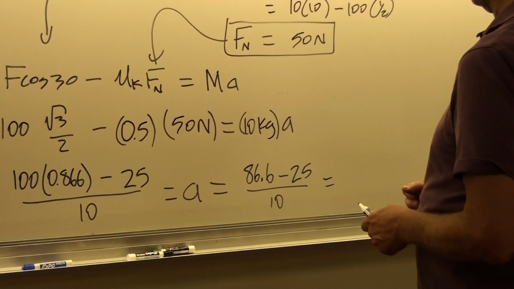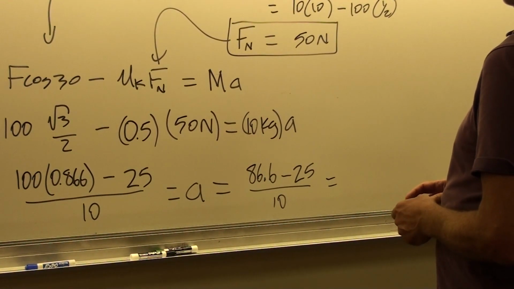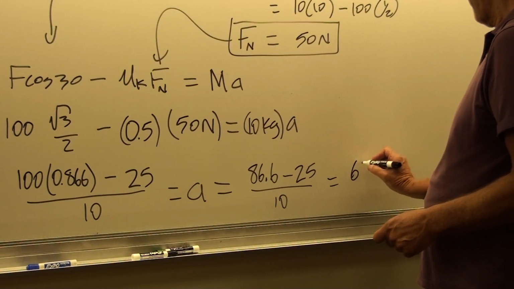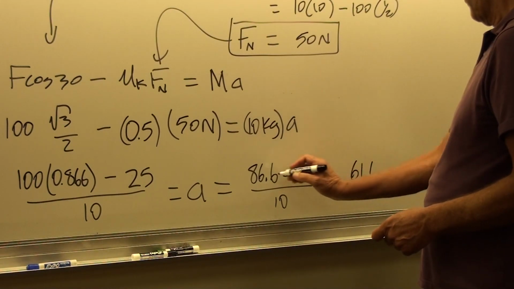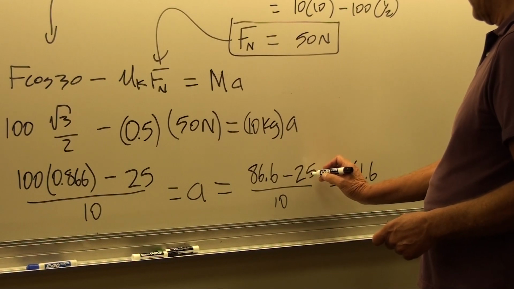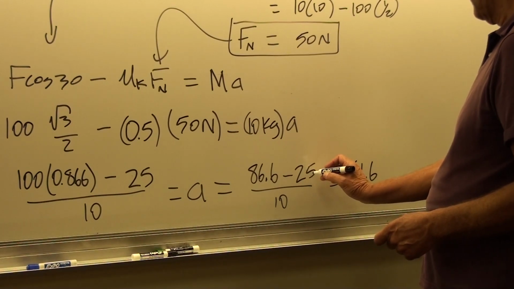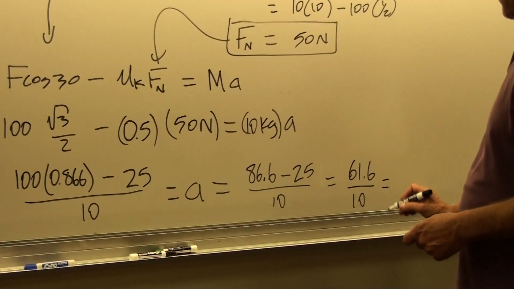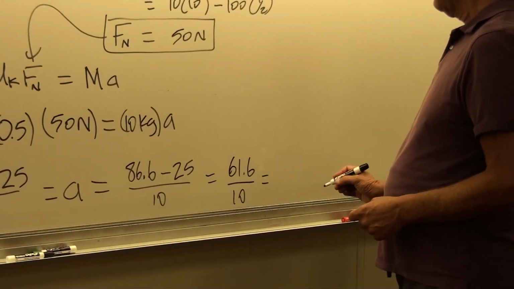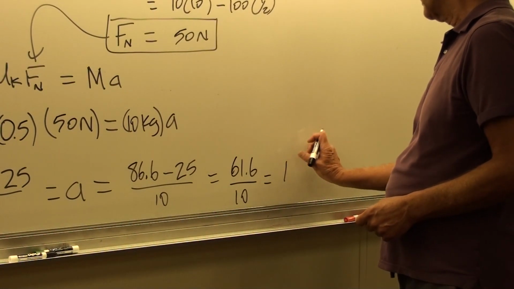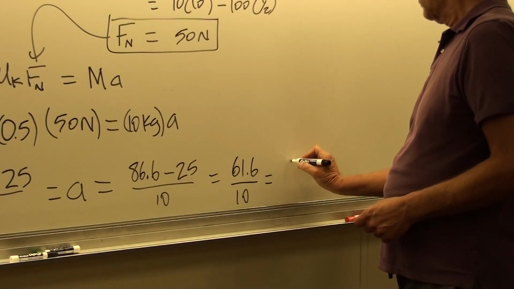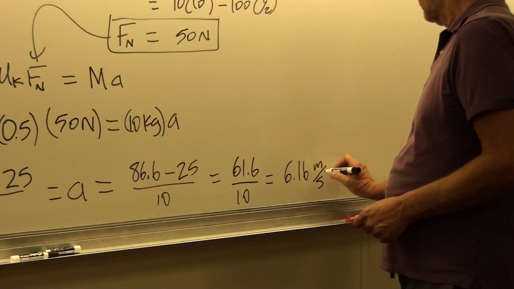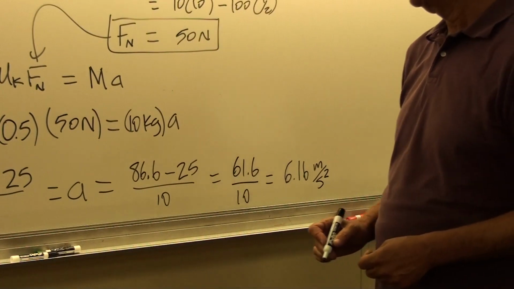That would be 61.6 over 10. So that would give us 6.16 meters per second squared for our acceleration.